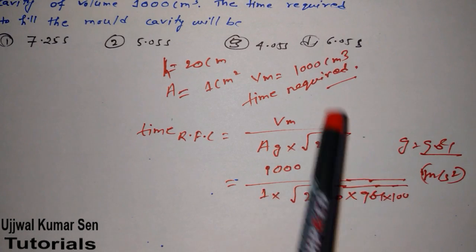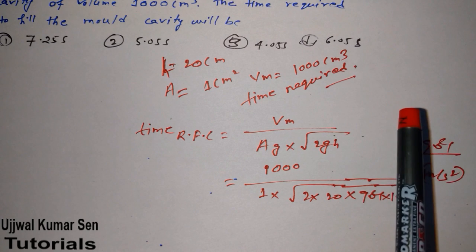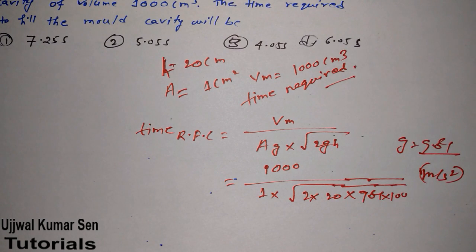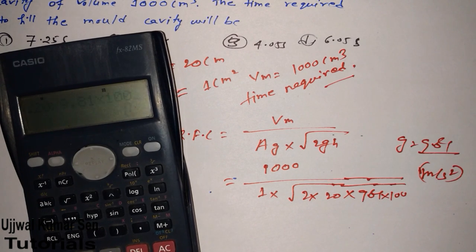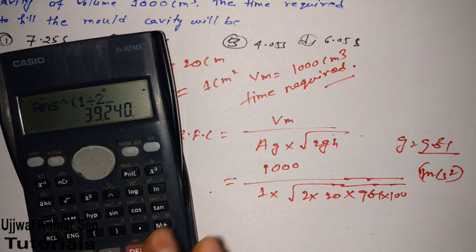If you do not do this, believe me, probably one of the answers will match and you will mark the wrong answer, and other than getting marks you have to give marks. So don't do this. Most important is that you have to remember the unit also. So 2 into 20 into 9.81 into 100.